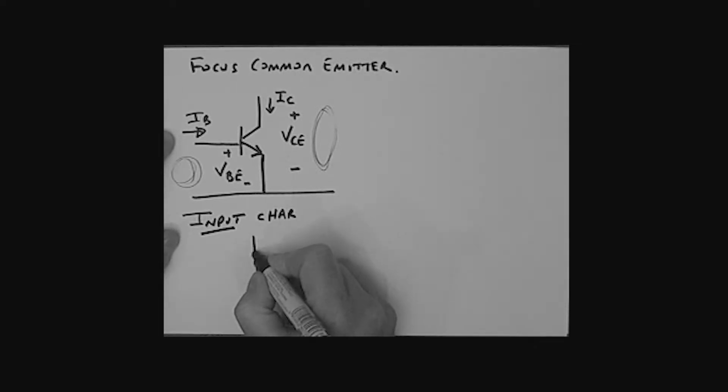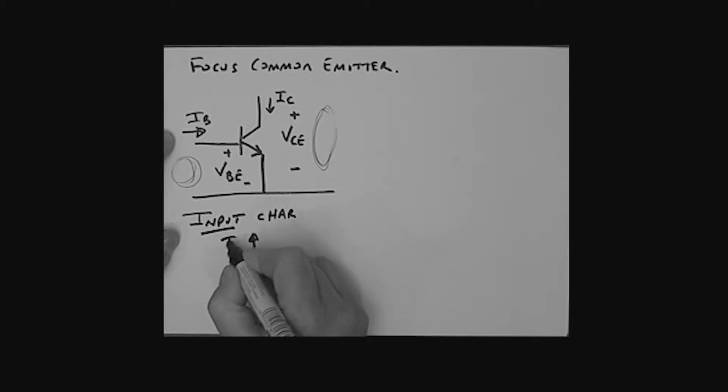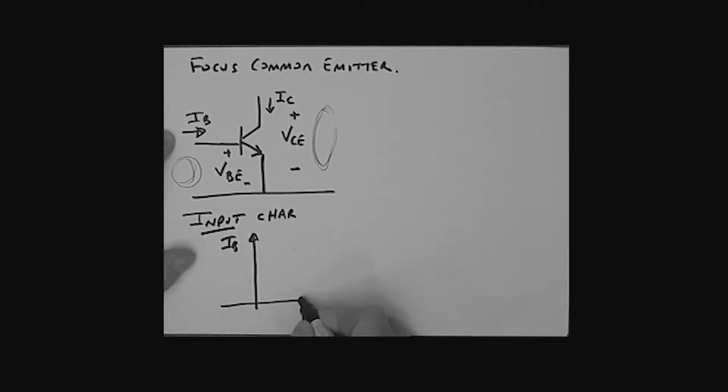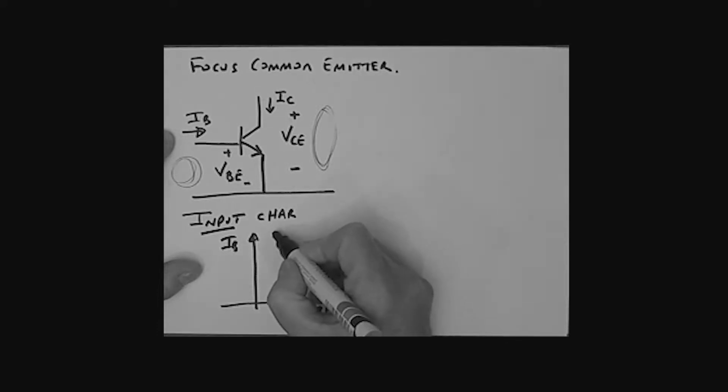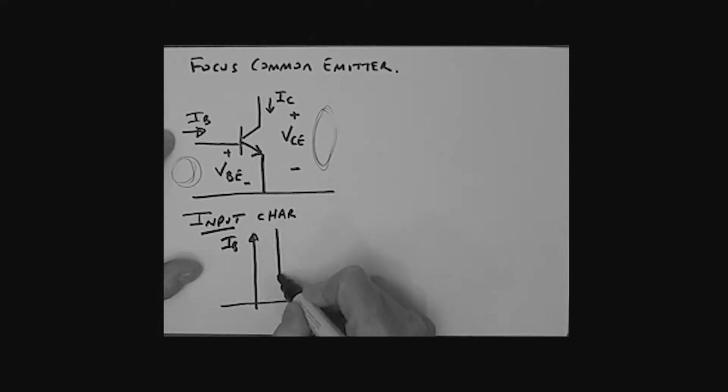That's our plot of IB versus VBE. And guess what we're seeing? What we're seeing basically is a diode type of curve, and we will use the second approximation where this is 0.7.